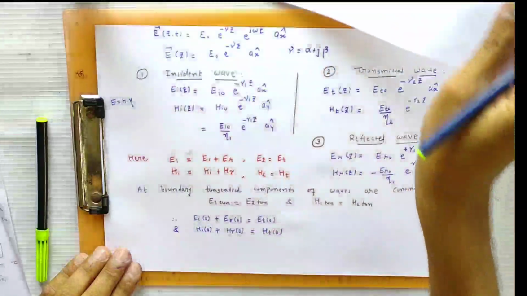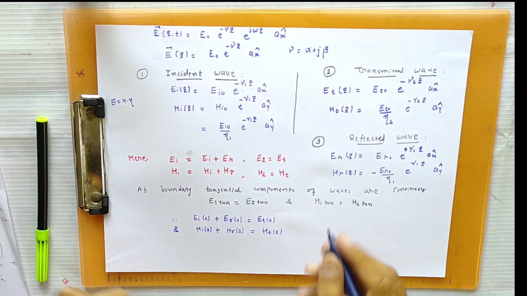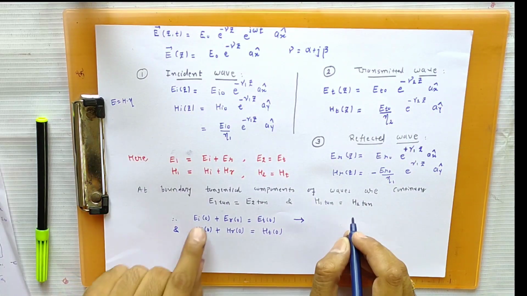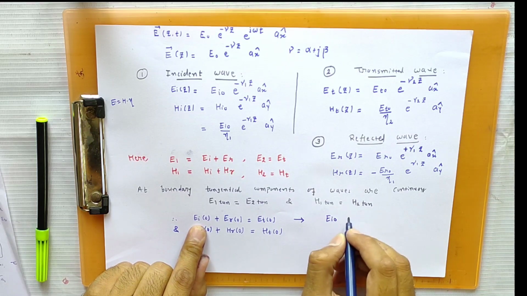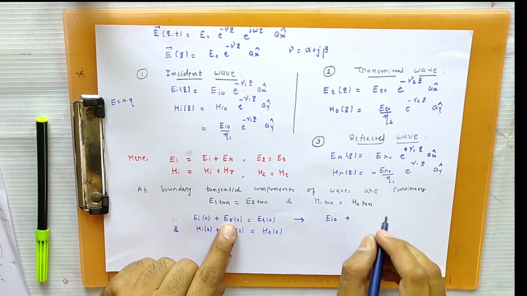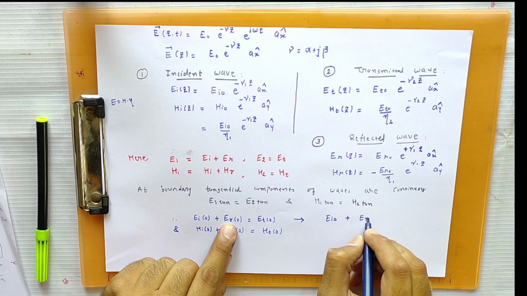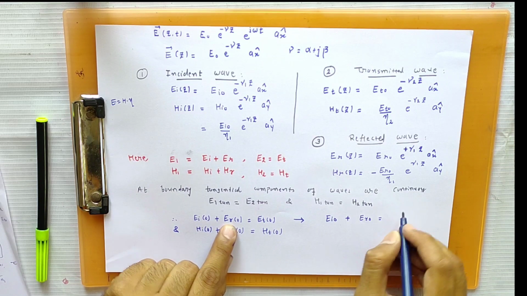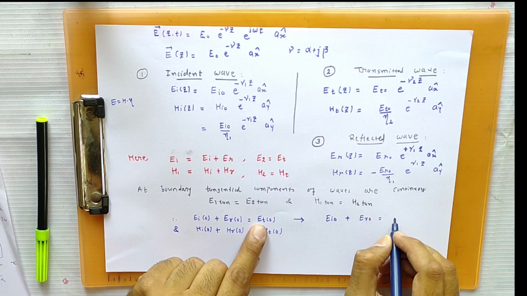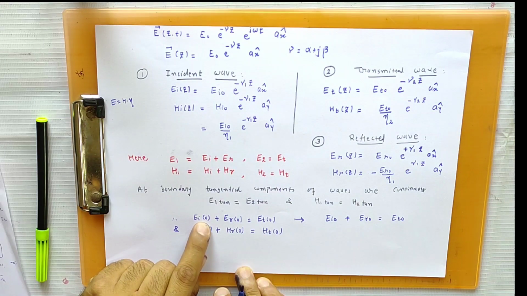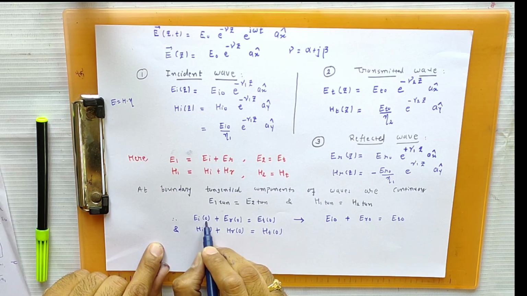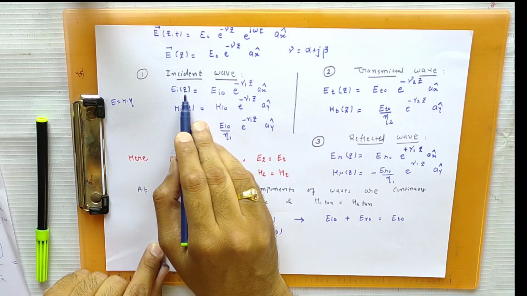So we can write in this way: at the boundary, EI of 0 has a maximum value, which is EIO. ER of 0 has a maximum value, which is ERO, and ET of 0 has a maximum value, which is ETO. See here, actually it's EI of 0, where Z is equal to 0.